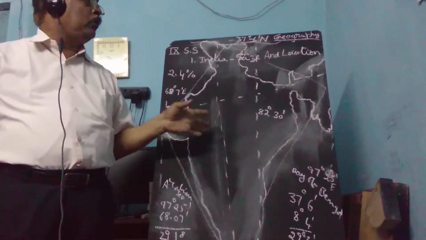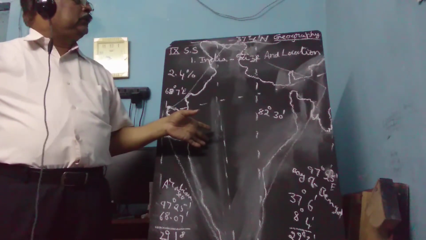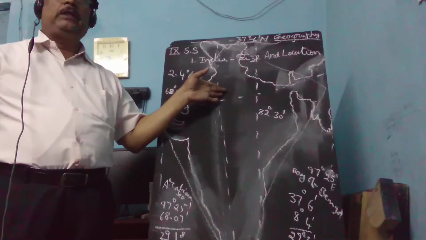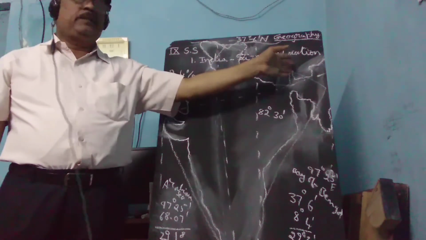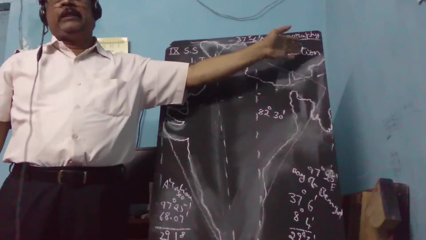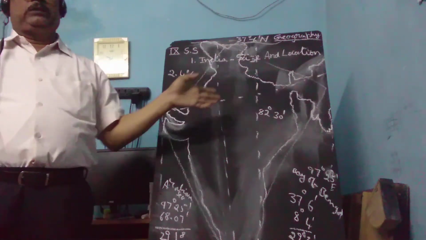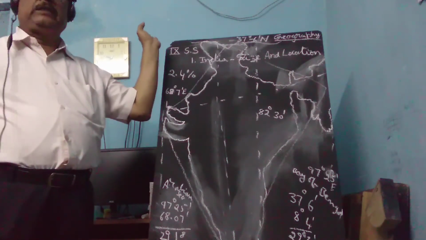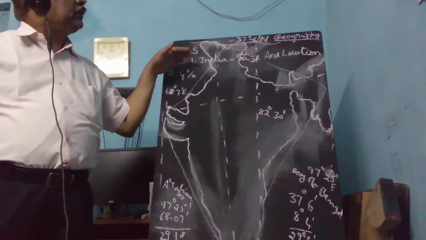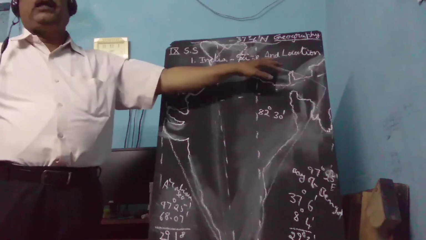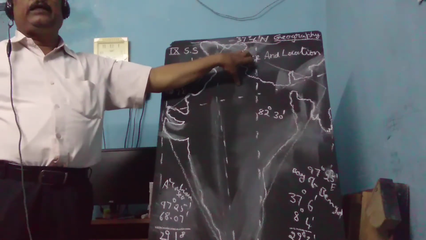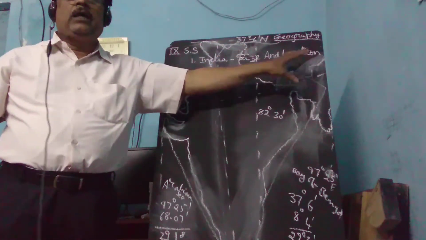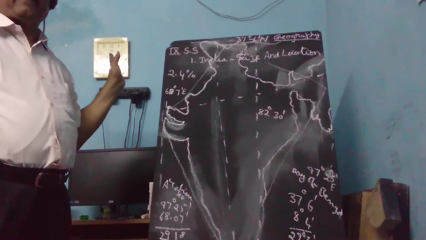I told you, the land route which was used by the world traders, Chinese, Japanese, Malaysians, Mongolians, likewise the land routes used by the Europeans, all should pass through India only, because India is lying in the middle, in between the eastern countries and the western countries.